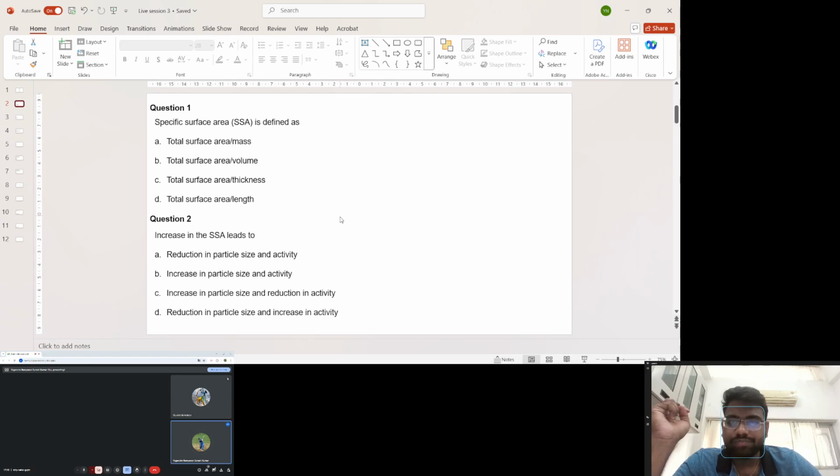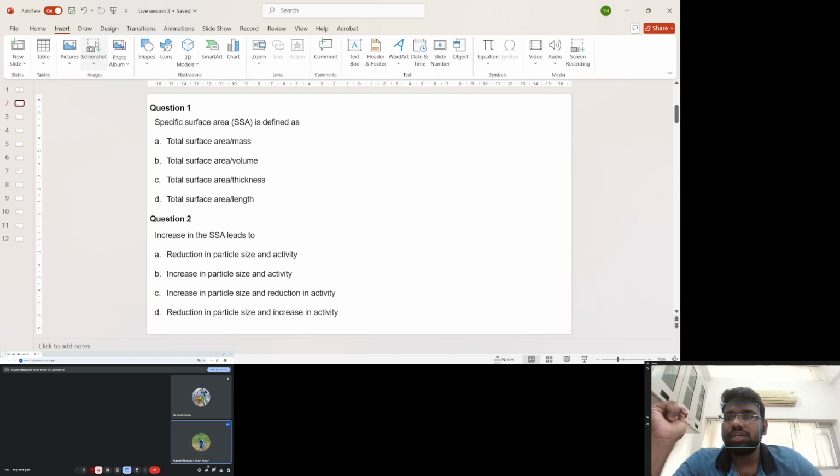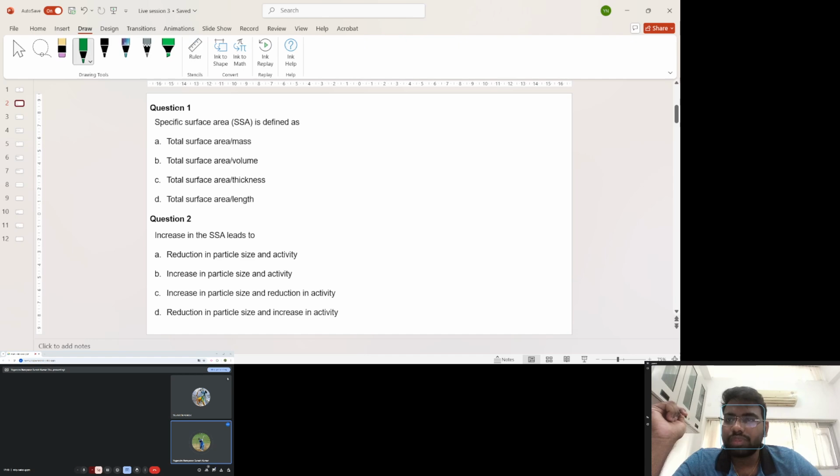Let us consider some grains which are touching each other. This is a very simplistic representation. Connect all the centers, and let the diameter of all particles be d.